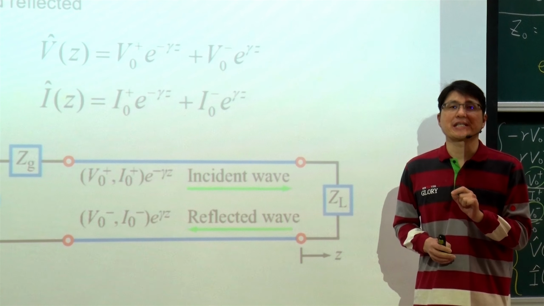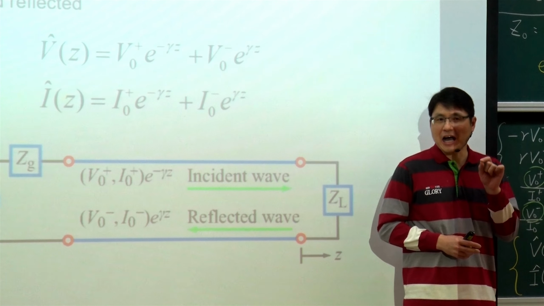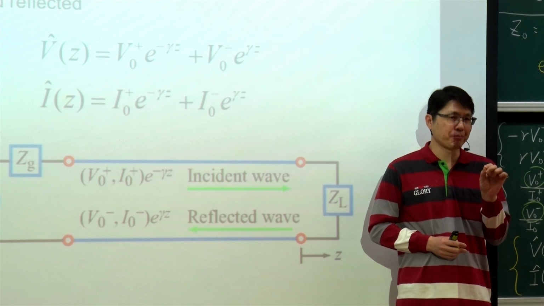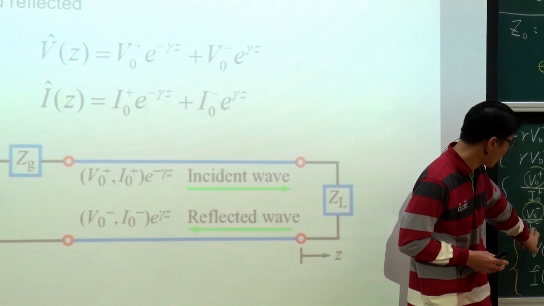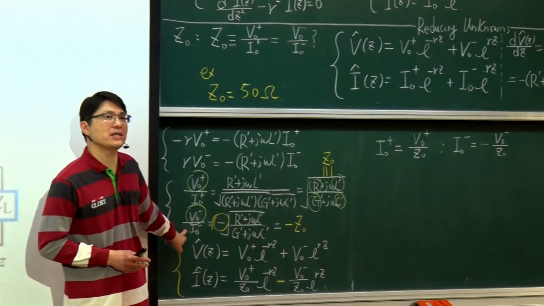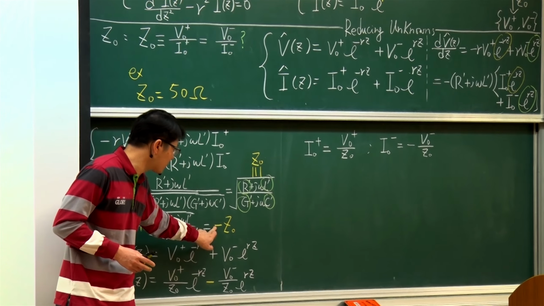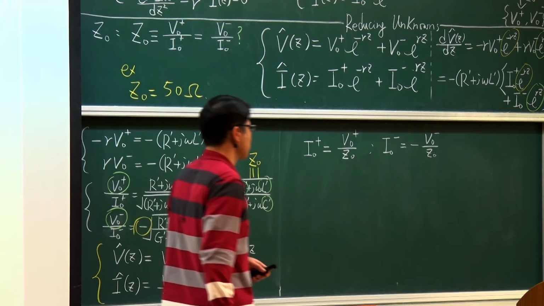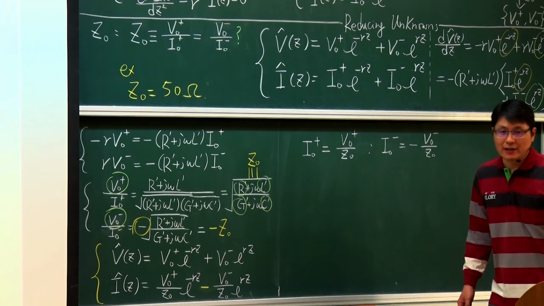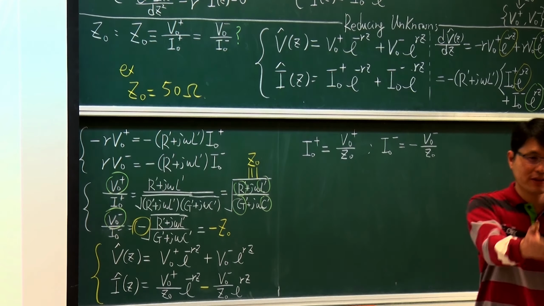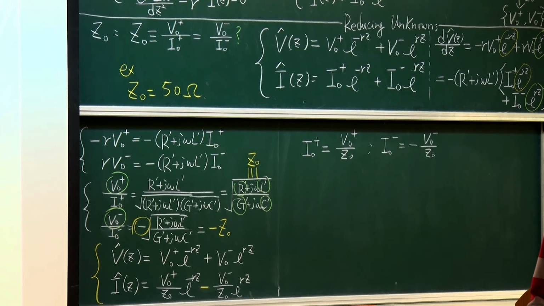So now that we understand this, can we understand the sign of the characteristic impedance for the backward propagating wave? V0 minus divided by I0 minus is equal to negative Z0. Can any student try to answer this? If you get it right, you can have maybe 1 or 2 points for the semester score.